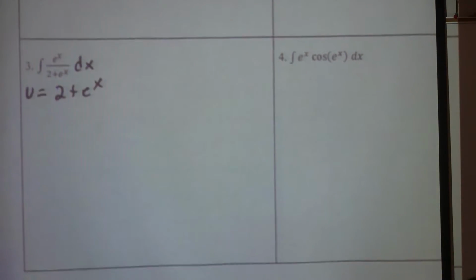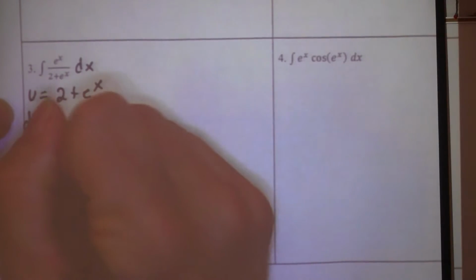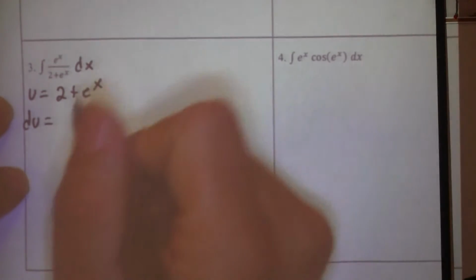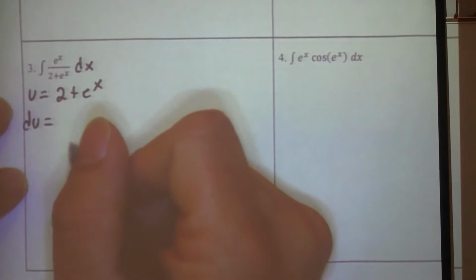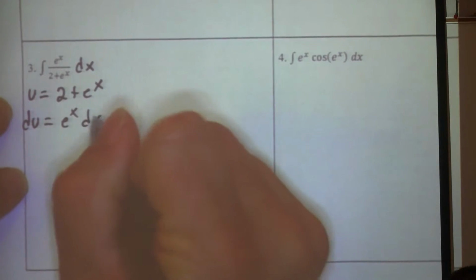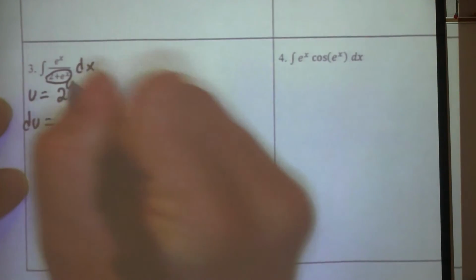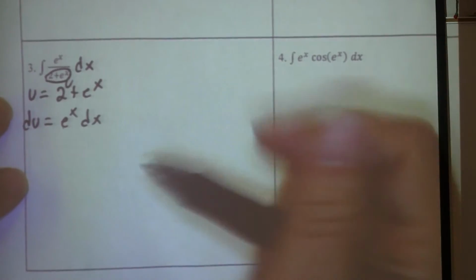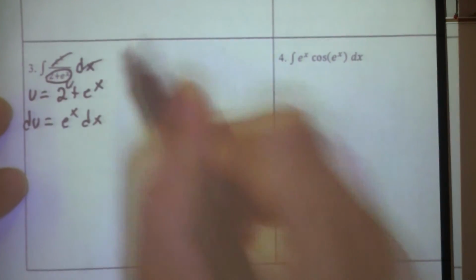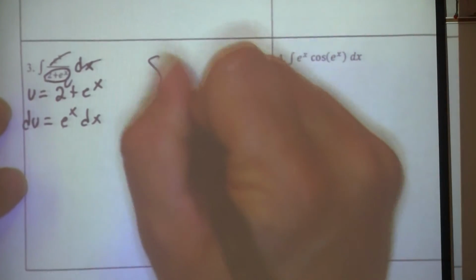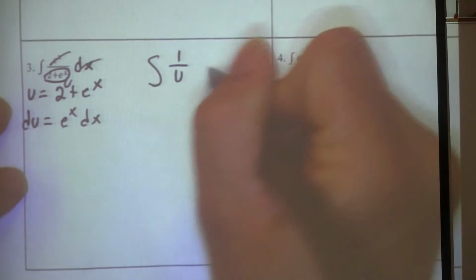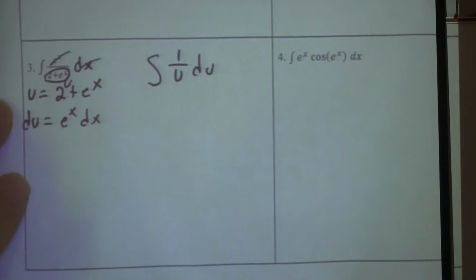Let's make all that be u. What is its derivative? E to the x dx. Okay, so this guy's being replaced with u. Do I have an e to the x and a dx in there somewhere? Yeah. Awesome, so that goes away. So we get the integral of 1 over u du, right?